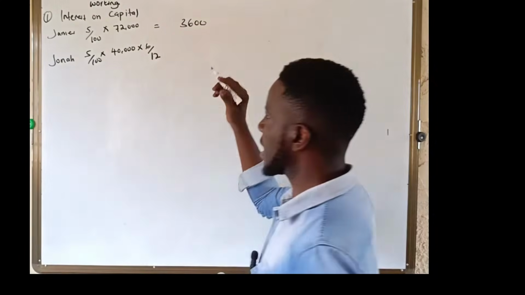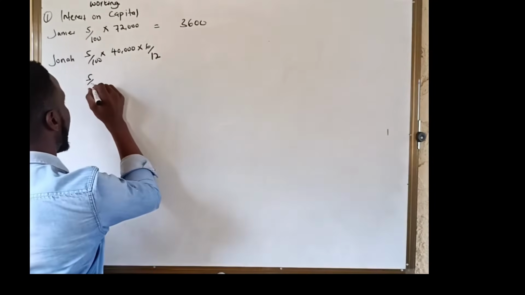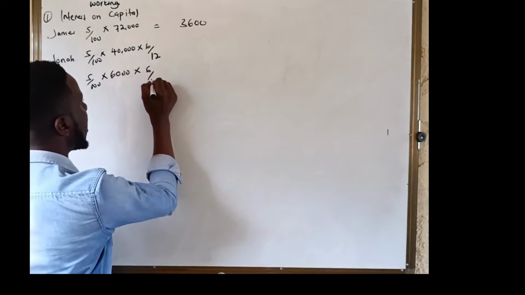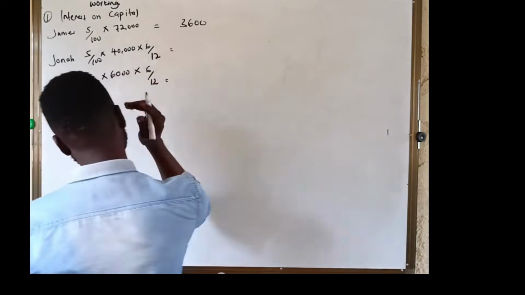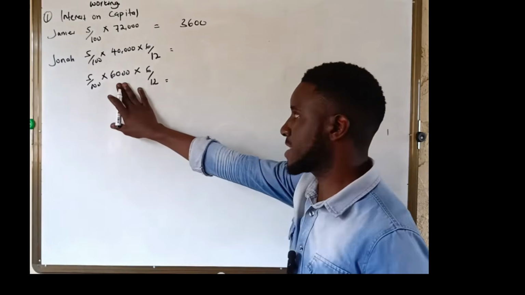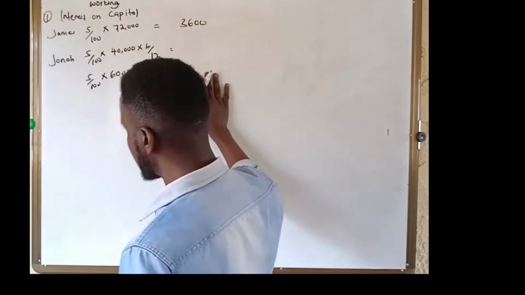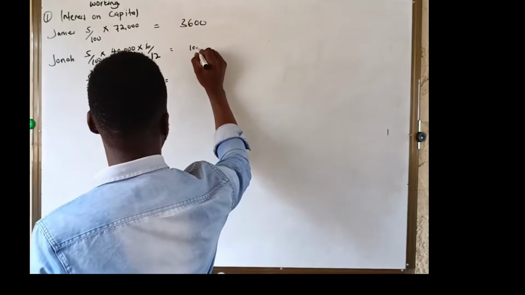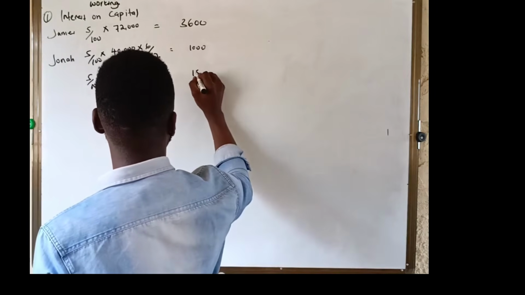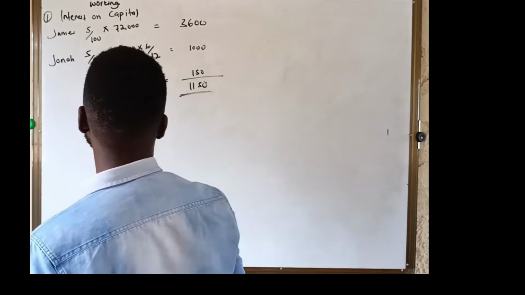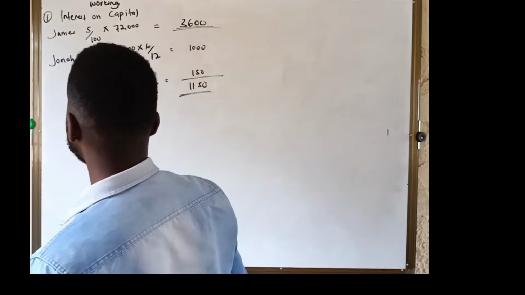Then we say 5/100 times the 6,000, times 6/12 to cater for this 6,000 for the next 6 months. When we calculate this, we get 1,000 and 150 here, giving us a total of 1,150 for Jonah, and this one is for James.